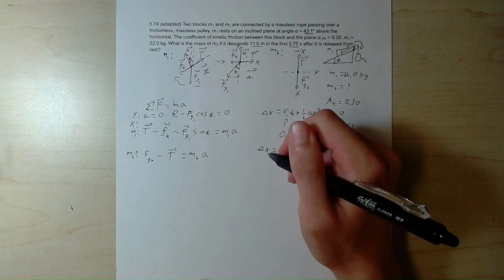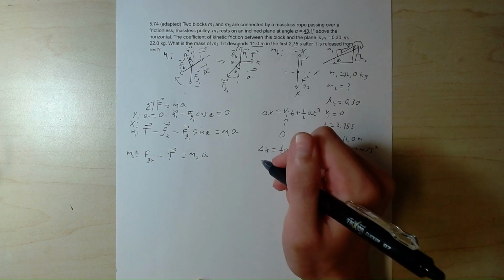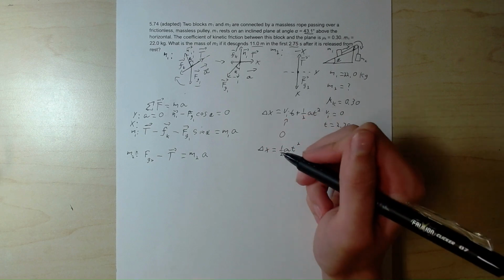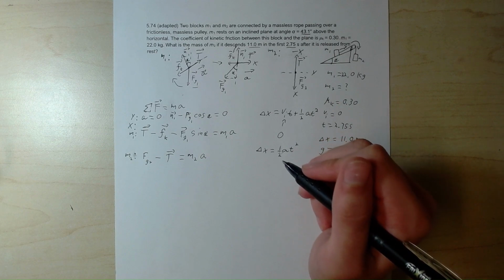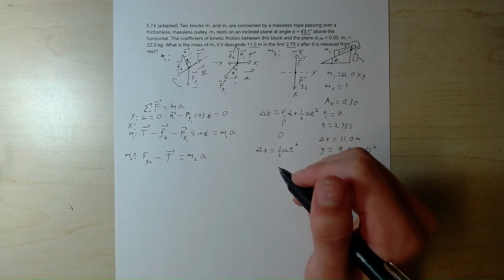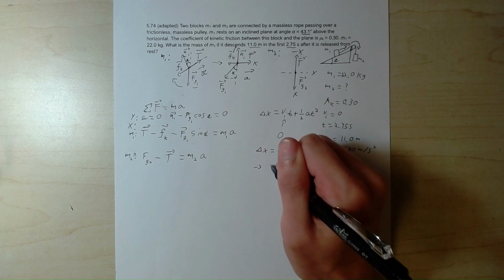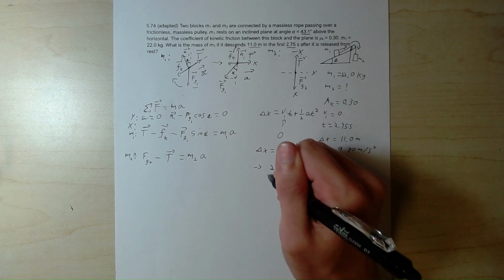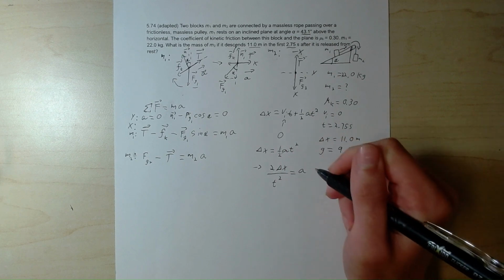And we know delta x, we know t, and 1/2 is just a constant, so we can solve for a. I'm going to assume you guys are at least familiar with how to algebraically manipulate equations and solve for single variables. So this gives us 2 delta x over t squared equals a.